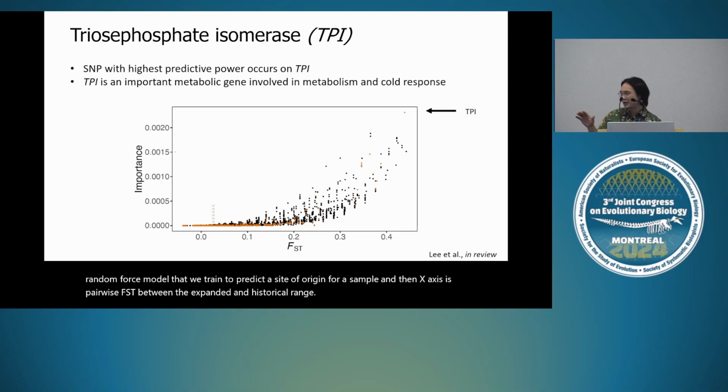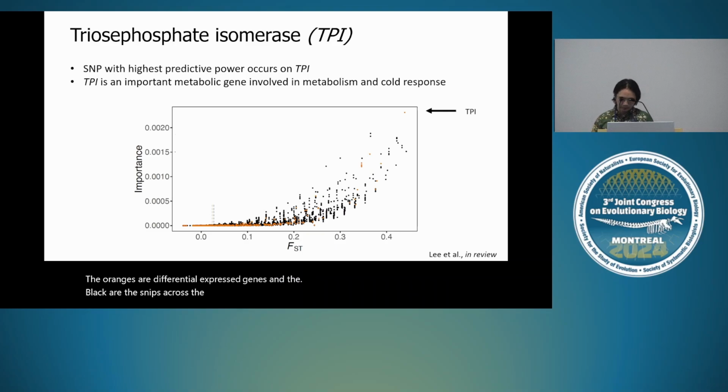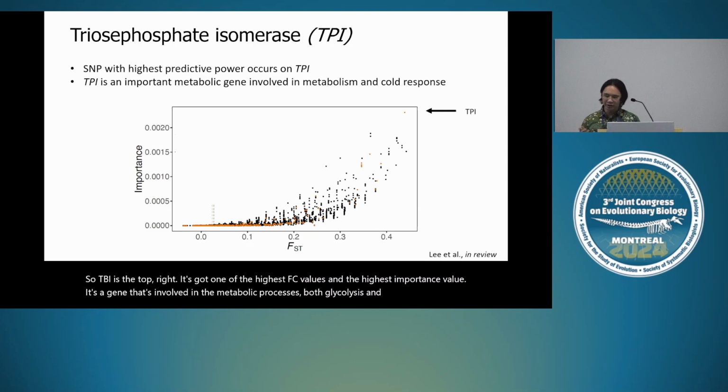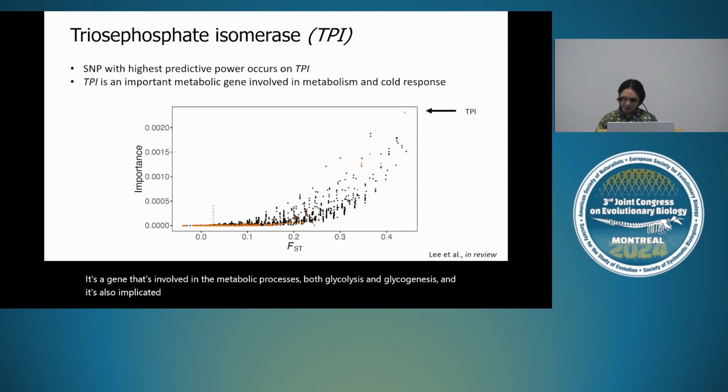The orange points are differentially expressed genes, and the black are the SNPs across the transcriptome. TPI is the top right. It has one of the highest FST values and the highest importance value. It's a gene involved in metabolic processes, both glycolysis and glycogenesis, and it's also implicated in cold stress response.